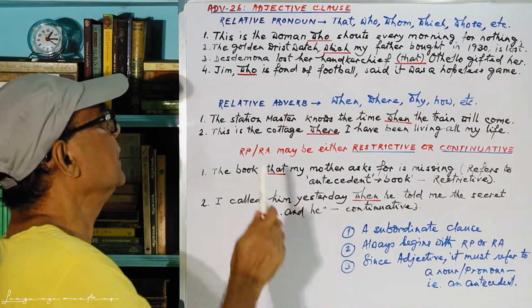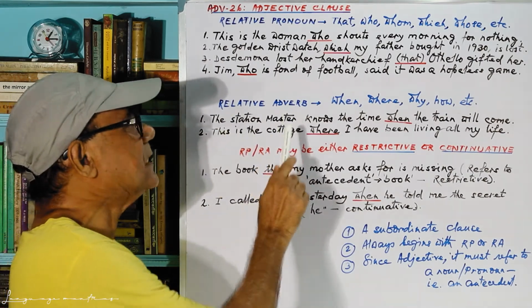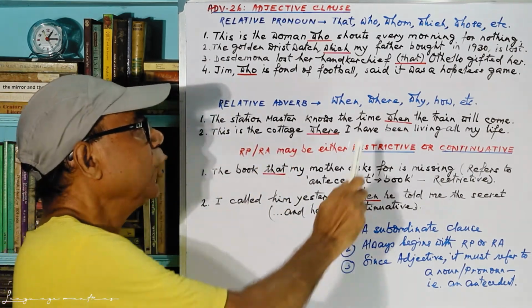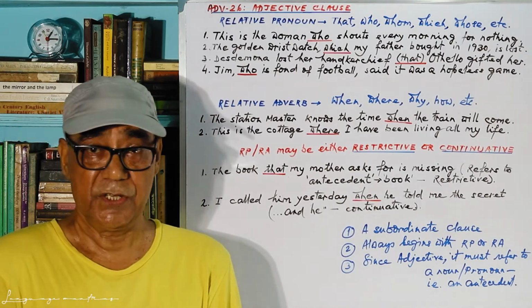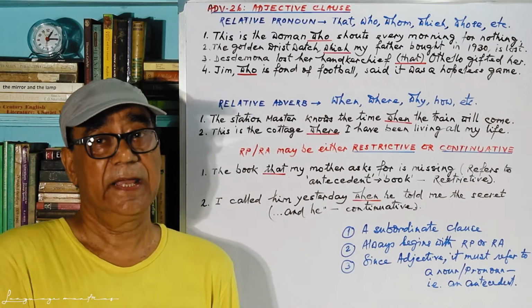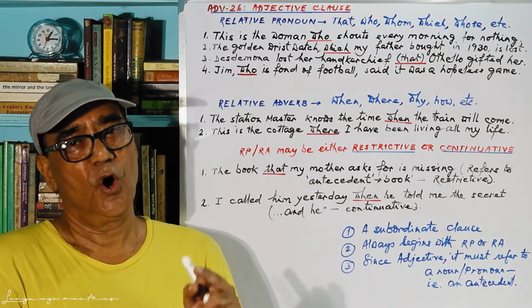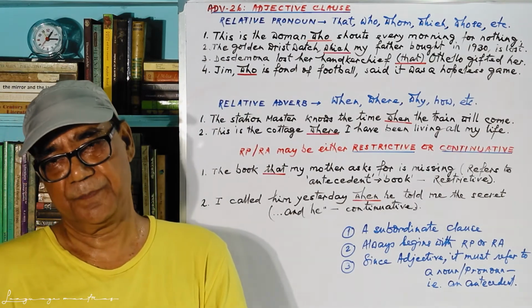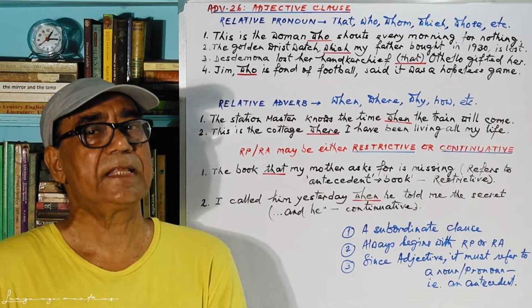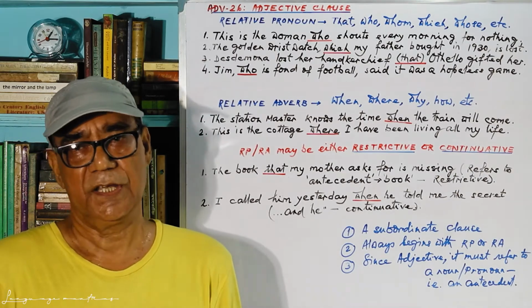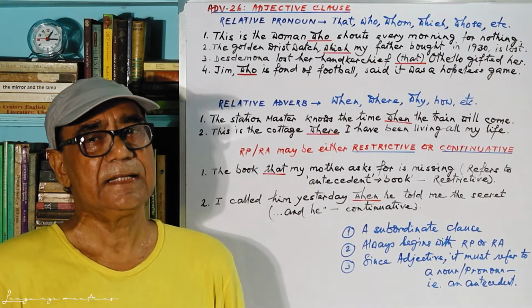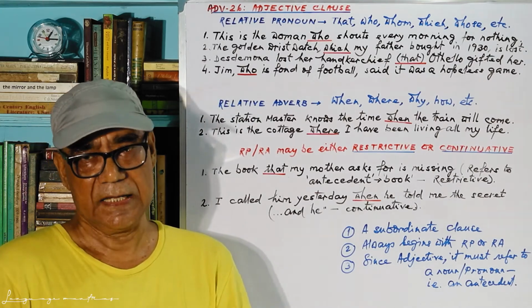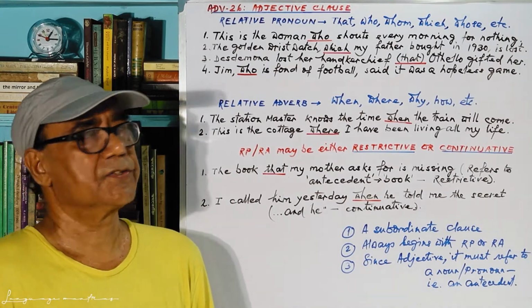It can also be introduced by relative adverbs like when, where, why, how, etc. So this is so simple. Without a relative pronoun or a relative adverb, there is no adjective clause. This is just like a formula. So remember this. Now, let's see some examples and describe in more details.